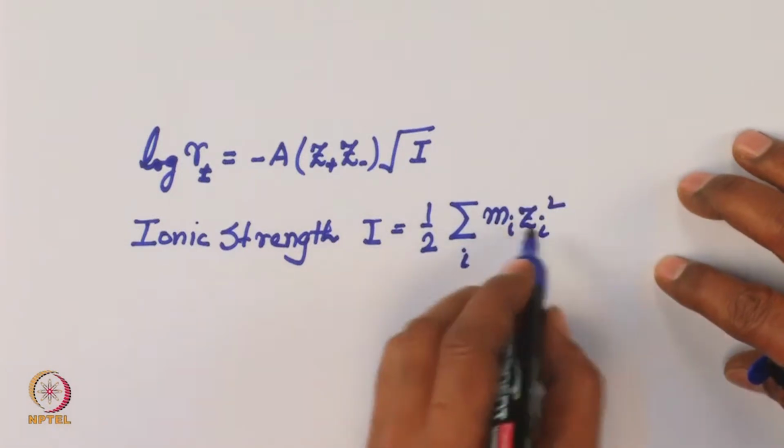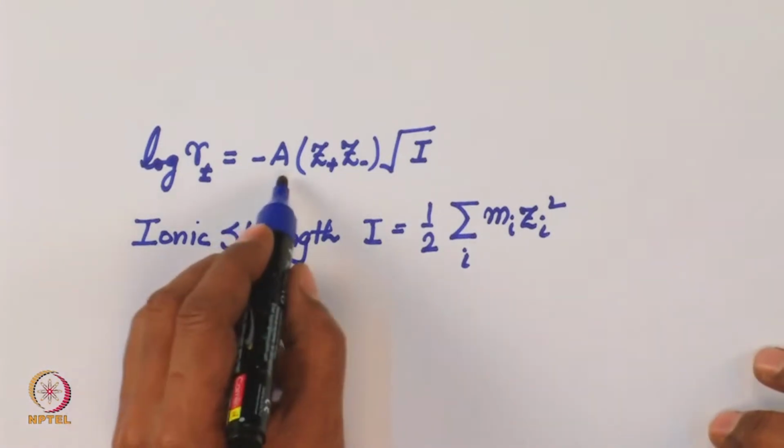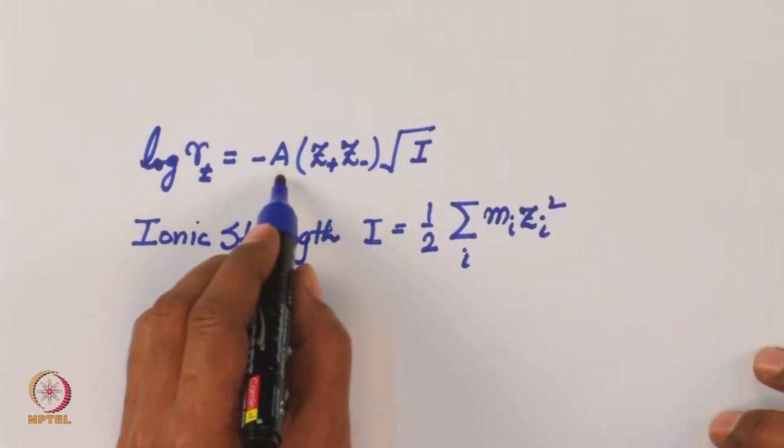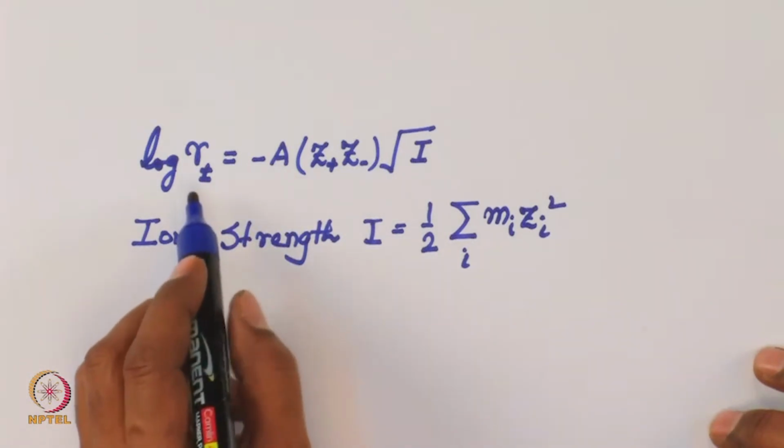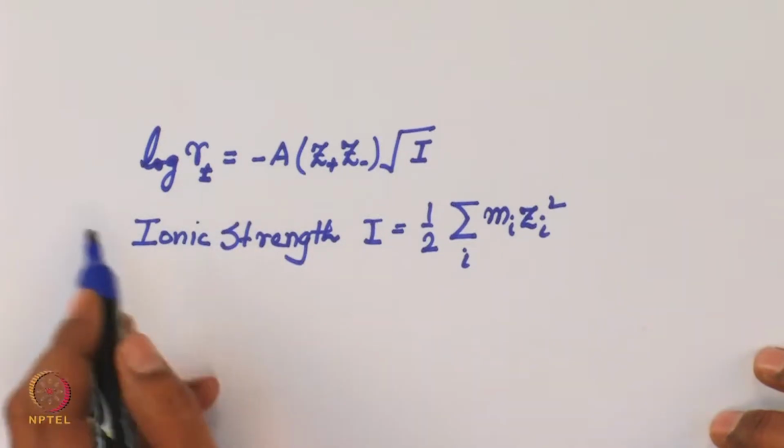M is molality, Z is charge on the ion, and A is a very weakly temperature dependent constant, and gamma plus minus is the mean ionic activity coefficient.